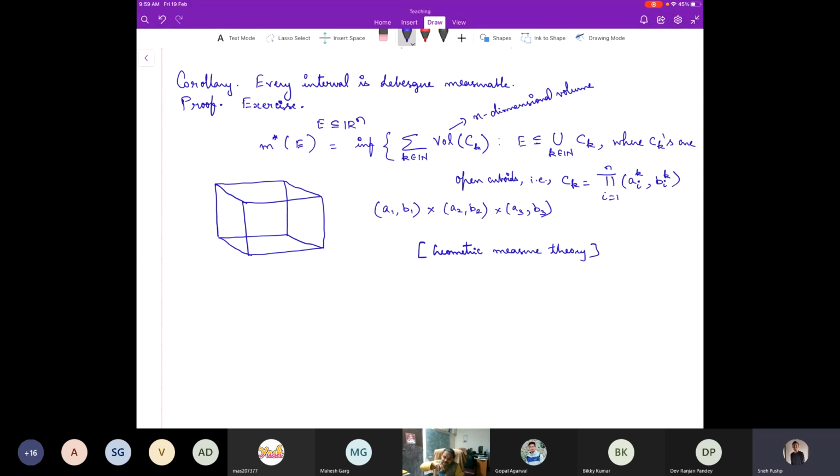Is the cross product of two non-Lebesgue measurable sets again a non-Lebesgue measurable set in R2 or Rn? I think it is not measurable there. Yes, it is not. But how should I give a proof?